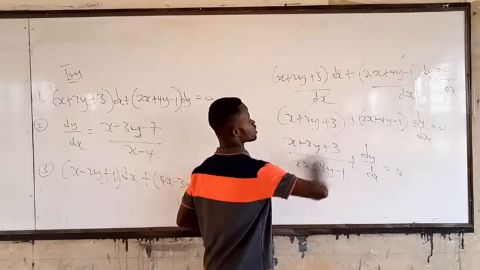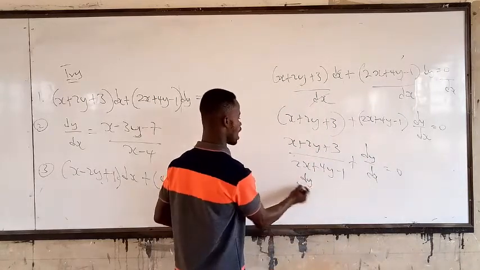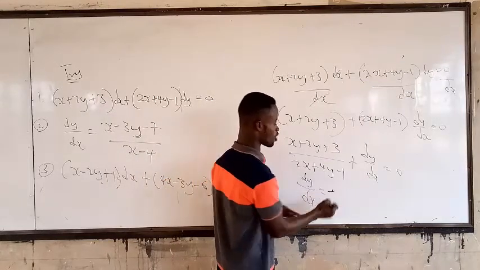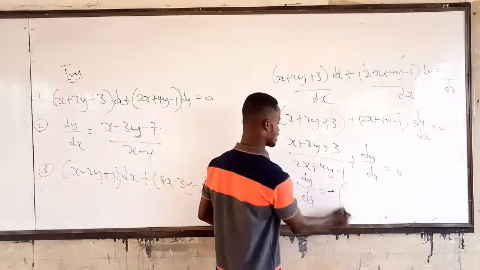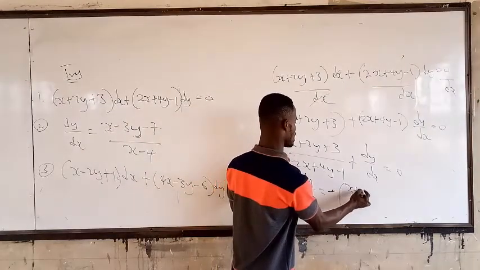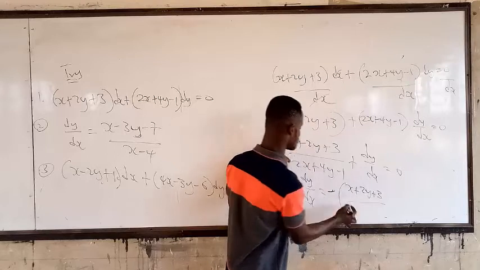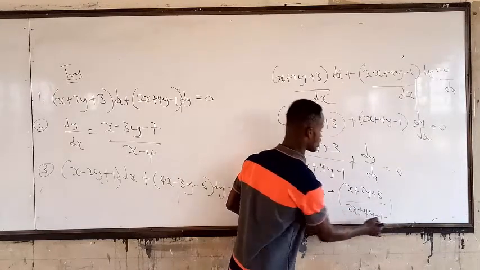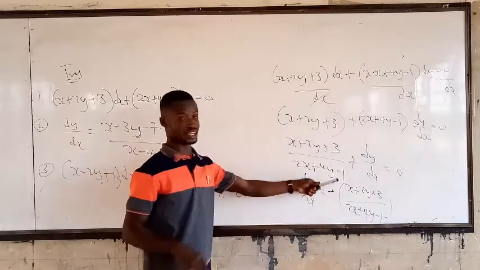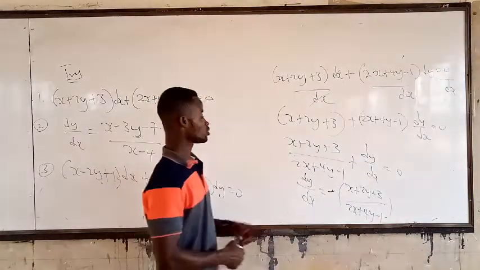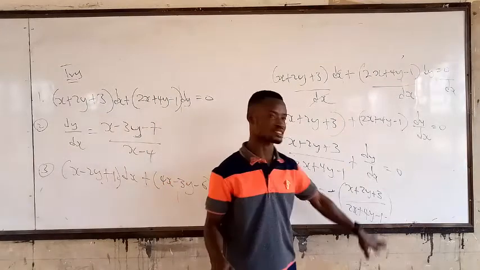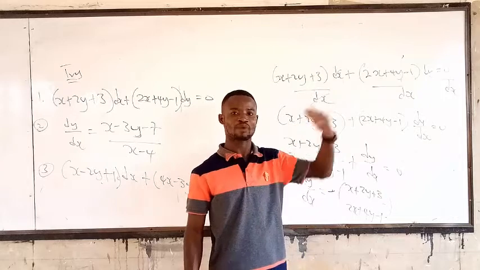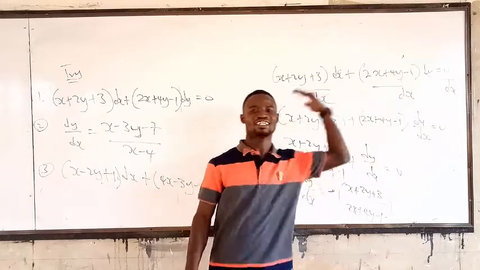When you send it to this side, you get dy/dx to be equal to negative, and this negative will affect the inside: negative of (x plus 2y plus 3) over (2x plus 4y minus 1). All right, so the negative of the inside. That's what I mean by that. Then you start. You know the constant is in, so it's not homogeneous. Then to homogeneous. Separable. General solution.